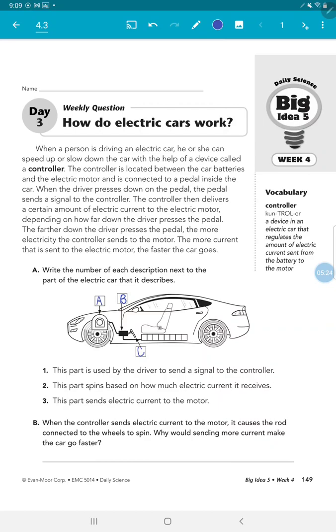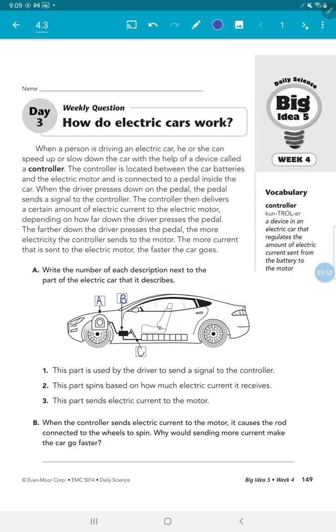Okay. So, thinking back to Monday, what part, do you remember what it's called? The part that actually spins, the rod spins to make it go faster? Wasn't it energy? No, it started with a C. It's a 4-letter word. Coil. What is it? Coil. The coil. I was thinking of that. Okay.